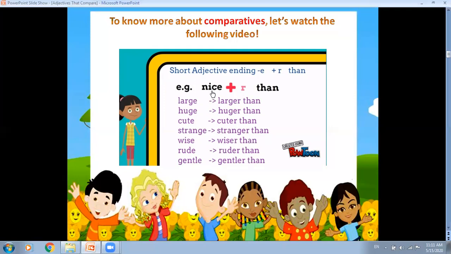The adjective here is nice. It ends in E. In here, they kept the letter E and added R. Nicer than. Or you can drop the E and add ER. You're free. So, nice, nicer than. Large, larger than.